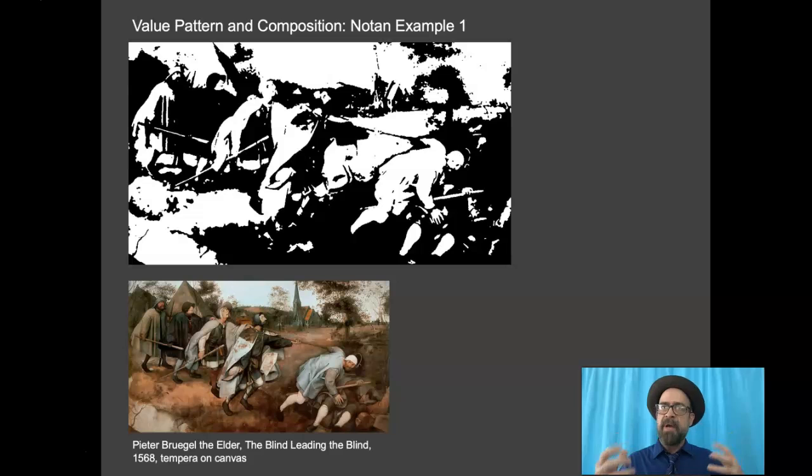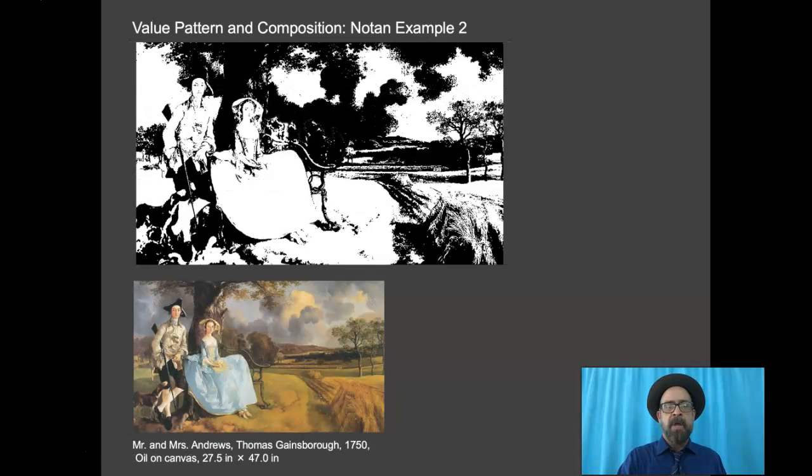Again, you should think about this and learn to see it not only in your work, but then in the work of others. Okay, and here's Mr. and Mrs. Andrews. Again, a value pattern study of what the final painting looks like. Again, you can see that sense of order and balance between the lighter areas and the darker areas of the painting. So critical to your work to think this way.